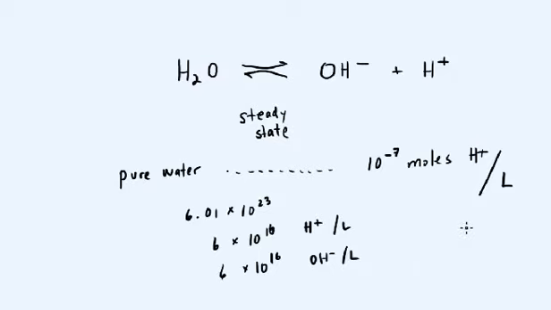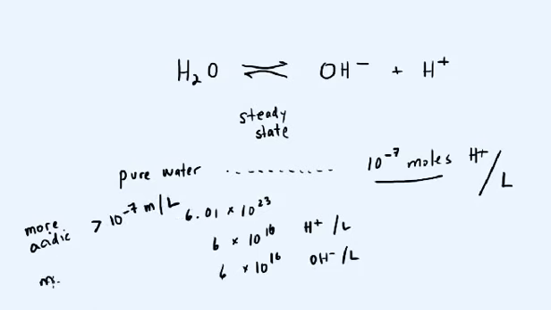There's no net excess of either hydroxide ions or hydrogen ions in the solution. Okay. Now that might seem like a lot, but basically what we're saying here is that this concentration, this number of moles per liter of hydrogen ion, is going to differ according to the pH of the solution. Okay, if we have a more acidic solution, the concentration is going to be greater than 10 raised to the minus 7th moles per liter, right?